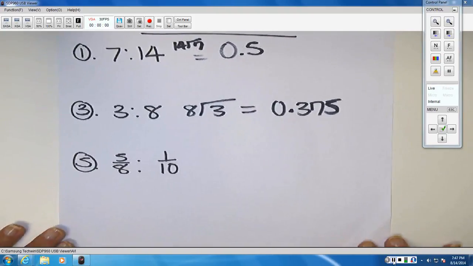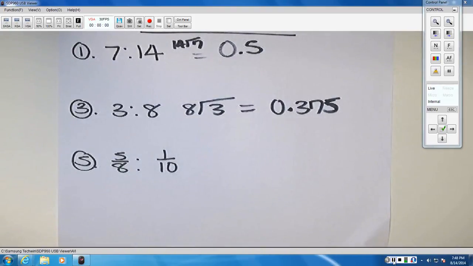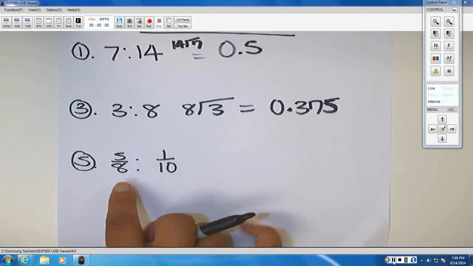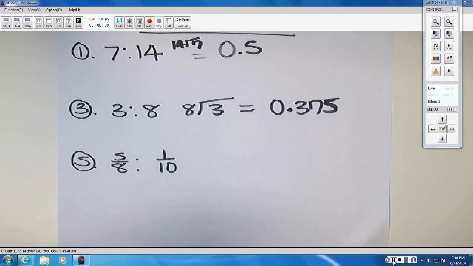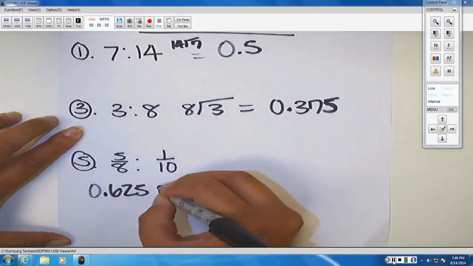Now, of course, it can't always be that easy. So with this one, we have 2 fractions for our ratio. The very first thing that we want to do is take these fractions and turn them into decimals. I'm going to take the numerator and divide it by the denominator. So 5 divided by 8 equals 0.625.